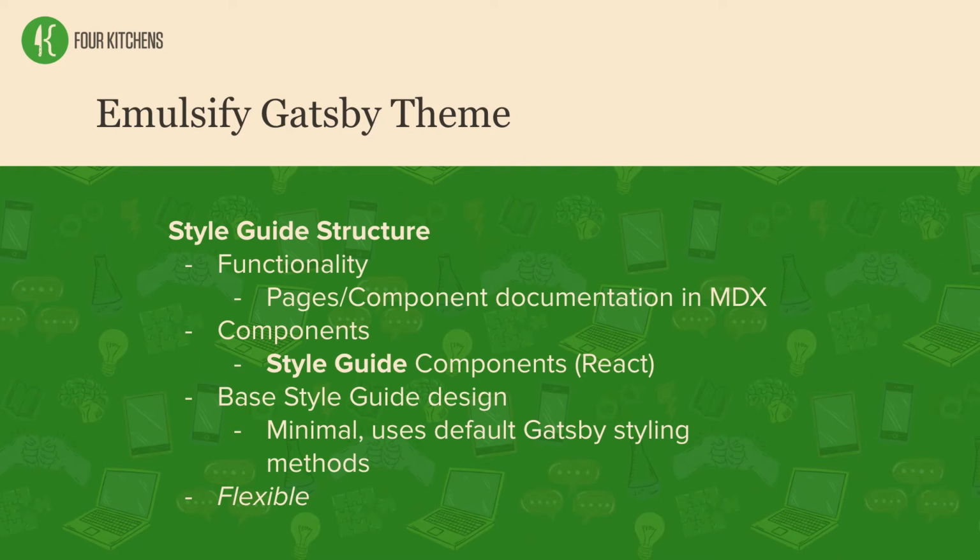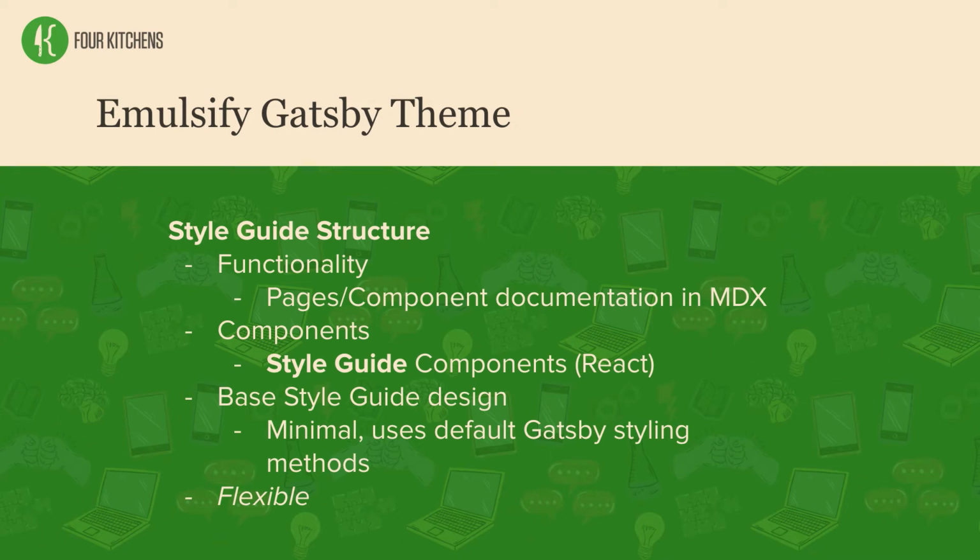Those are also built in React. So again, ideally this layer is unconcerned with starters that want to inherit it. It's unconcerned with Drupal theming and all of that. And then of course it contains base style guide design. So we have inserted some minimal styling to this that you can override. Currently, this is in a very flexible state.